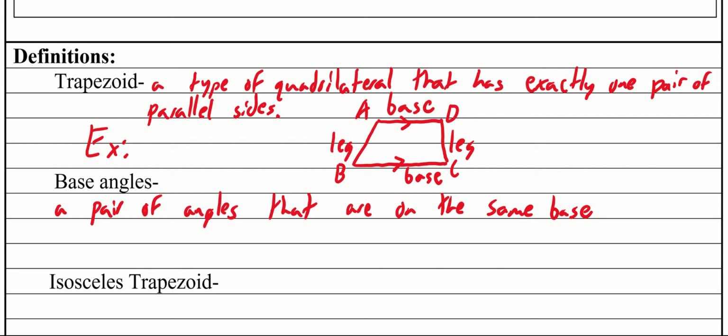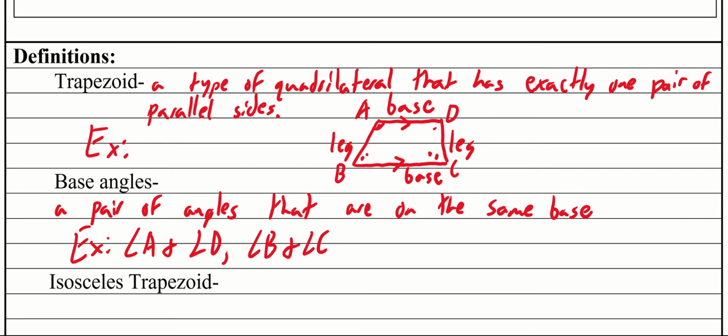If we're talking about the base angles, I want the angles that are on the same base. So for example, we'll keep it simple and just name it with one letter. Angle A and D, I'm not going to mark these with arcs, but angle A and D would be a pair of base angles. They're on the same line that specifically is parallel to another side. So that's one pair of base angles, and then same thing here. On the other piece, angle B and angle C would also be an example of base angles.